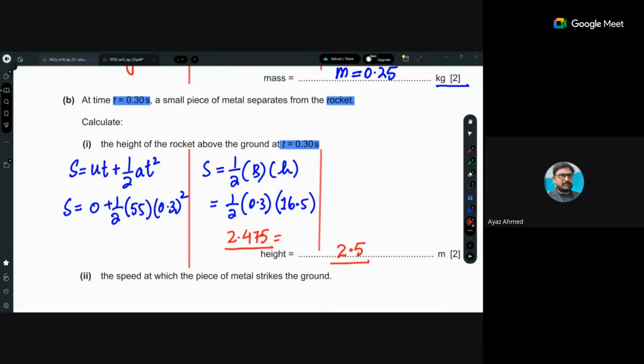So इसकी height कितनी हो गई हमारे पास 2.5 meters. Got it?